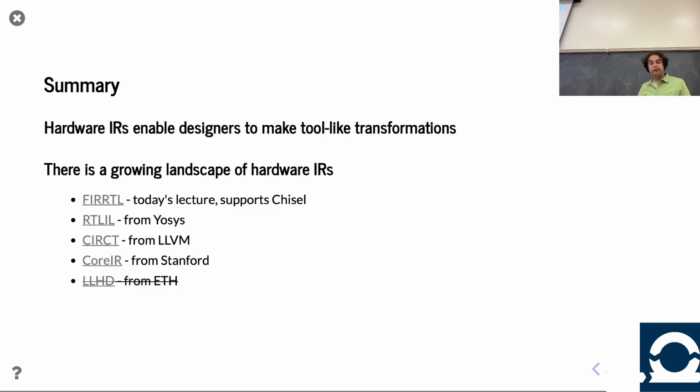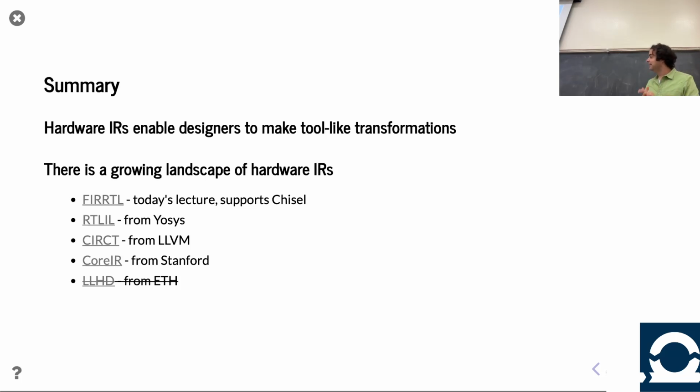If you've heard of Yosys, a very commonly used open source tool, they have their own RTLIL. I just talked about CIRCT, which is kind of this big future going out there. FIRRTL originally came out of Berkeley, so a lot of other top universities had their own competing IRs. For example, at Stanford they had CoreIR. There was LLHD from ETH, which I still include on the slide.